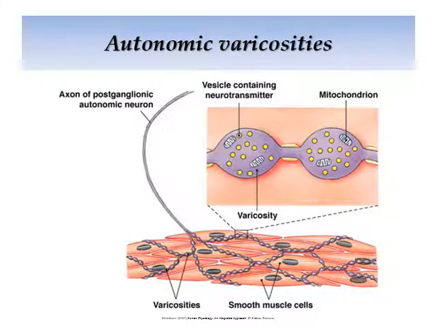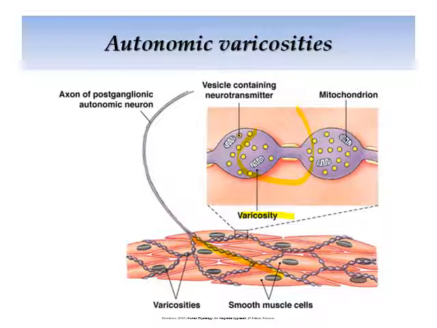So this is a diagram of the neuroeffector junction in the autonomic nervous system. Within the varicosity, neurotransmitters are synthesized and stored in vesicles. Neurotransmitters are then released from the varicosities, or swellings, located at intervals along the axons of the postganglionic neurons.